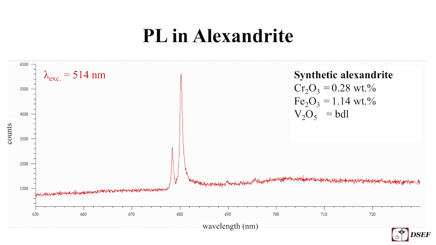So at first sight, it appears that you can have very similar luminescence spectrum in natural and in synthetic Alexandrites. But again, if you compare them under the same measurement conditions, so same wavelengths, same energy of the laser, same intensity, same accumulation times, you can see differences.